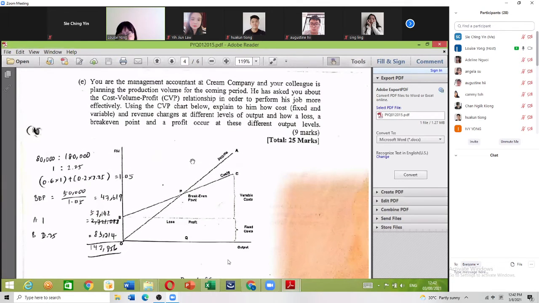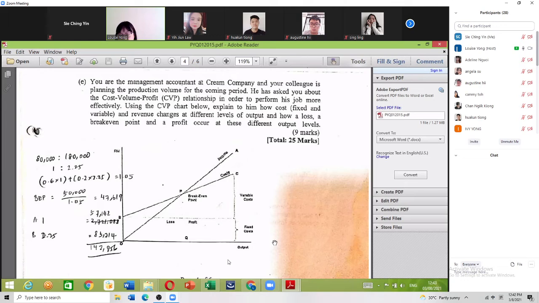So use the CVP chart below to explain to him how your fixed cost, your variable cost and your revenue change at different levels of output. If the output level is low or high, what will be the relationship between your cost and your revenue, and what is your profit at different output levels?